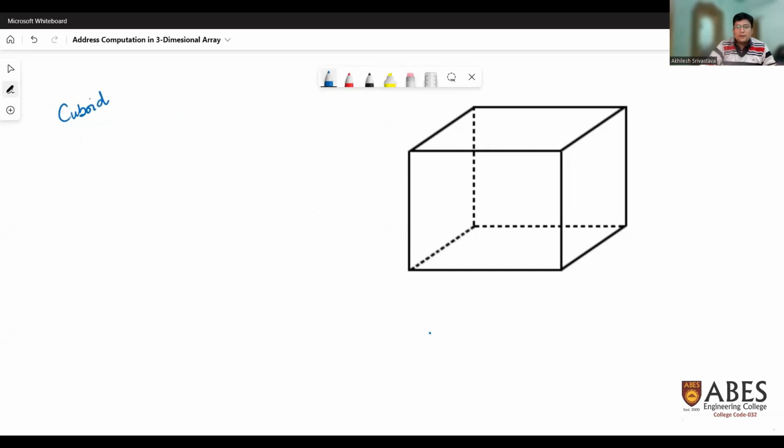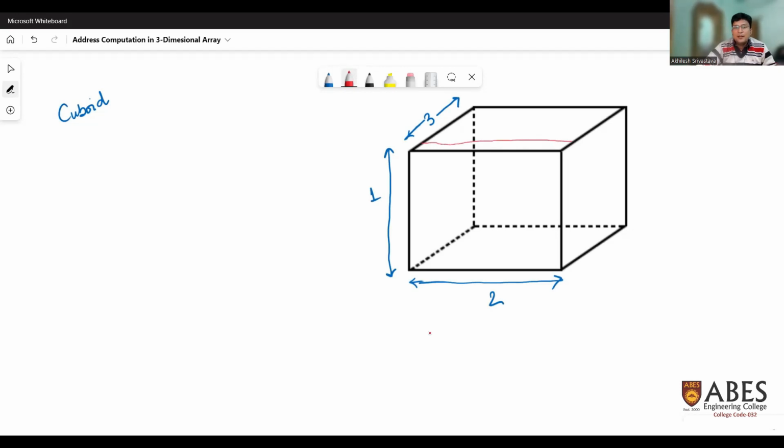So if I assume that this denotes the first dimension in the cuboid, this denotes the second dimension, and this denotes the third dimension, then the column major order suggests that the elements should be stored in the third dimension first, followed by the second dimension, and finally in the first dimension. So if I have to store the elements in the third dimension, I can assume that the dimensions will be like this.